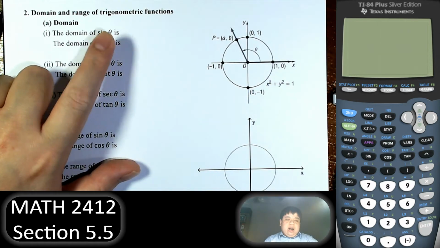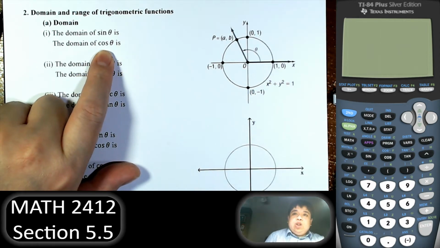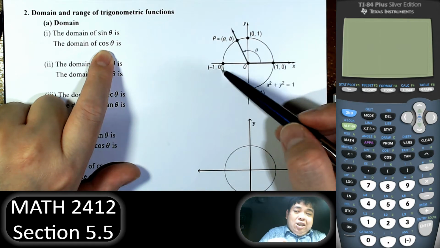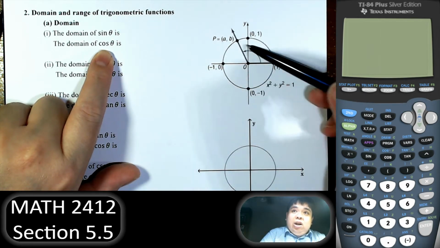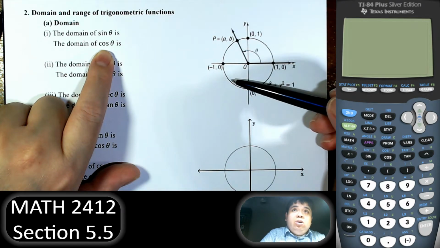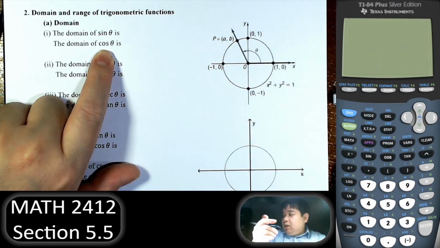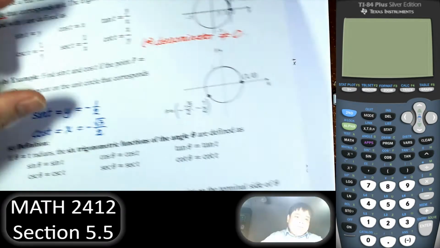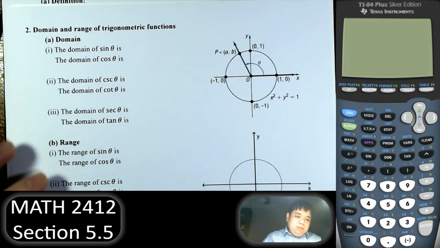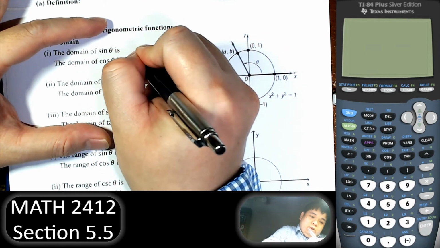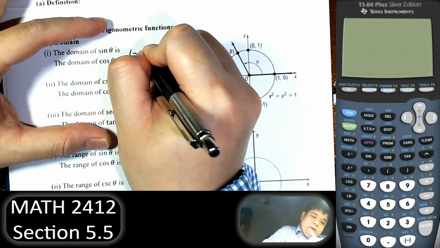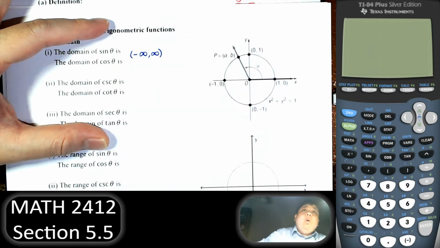The domain of sine and cosine. It doesn't matter where the point is on the unit circle. It doesn't matter where the arc length is on the unit circle. There's always an x coordinate and a y coordinate, right? So in this case, the domain of sine and cosine will be negative infinity to infinity. Why?